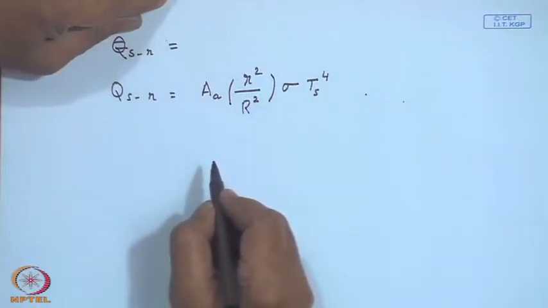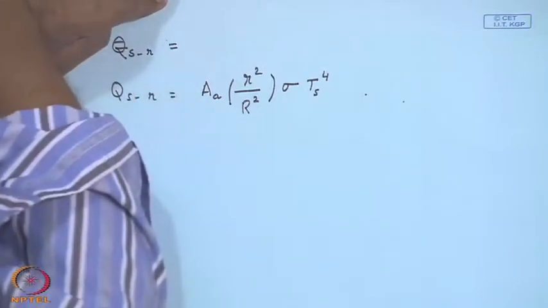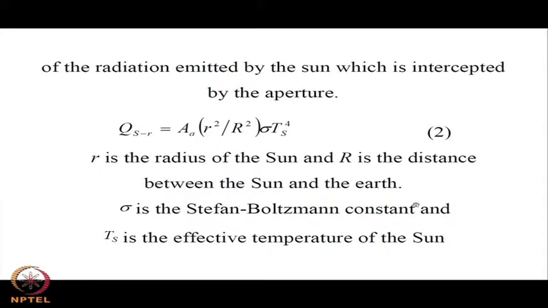Small r is the radius of the sun and capital R is the distance, sigma is the Stefan-Boltzmann constant, and T s is the effective temperature of the sun.